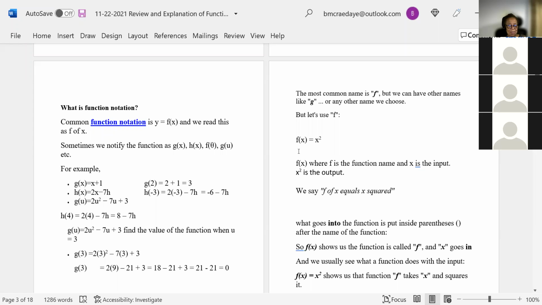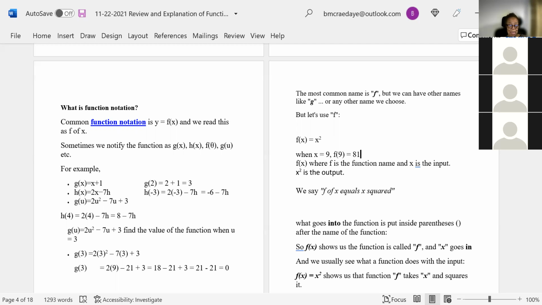When x is equal to 9, f of 9, you square whatever that variable is, and that's equal to 9 times 9, or 81, right? So whatever that variable is, you just square it.